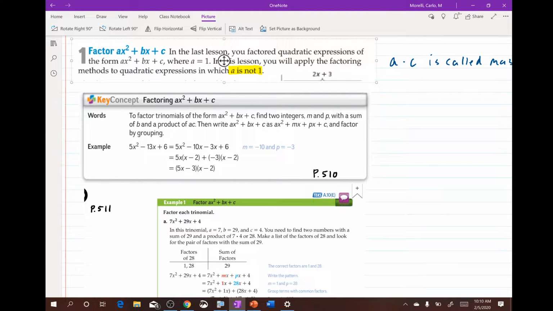Well, now, here's the problem. Those represent about 1% of the total quadratics. That's the kiddie pool, right? The little shallow end, and that's where you start. But now we're going to move into the middle part of the pool. We'll save the high dive, deep end of the pool for later. This is where 90% of your quadratics are going to live, so we've got to learn how to deal with them.